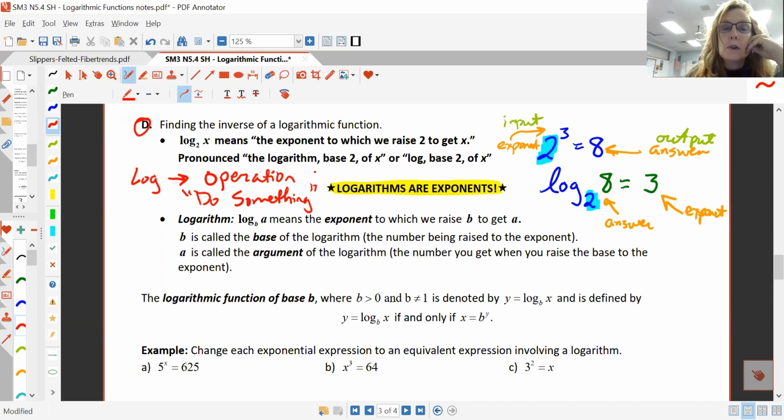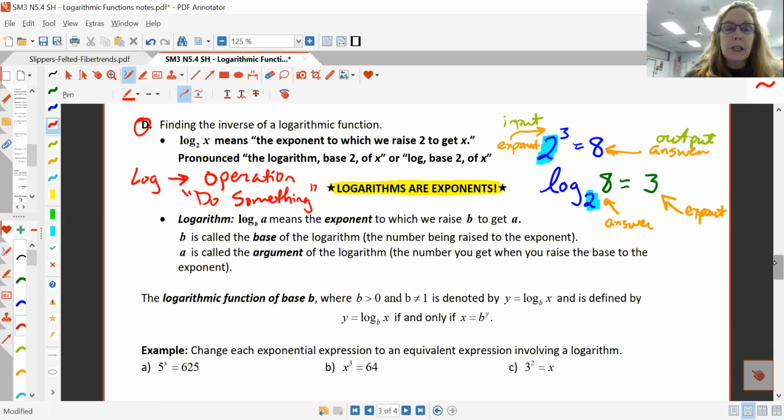So a logarithm is an exponent, and a logarithm is the inverse of an exponent set. Any exponent set, I can switch out and change to a log set in exactly the same way that I can switch a squared set, so x squared equals 10 is exactly the same thing as saying x equals the square root of 10. They mean the same thing. It's just how you are stating the problem set.